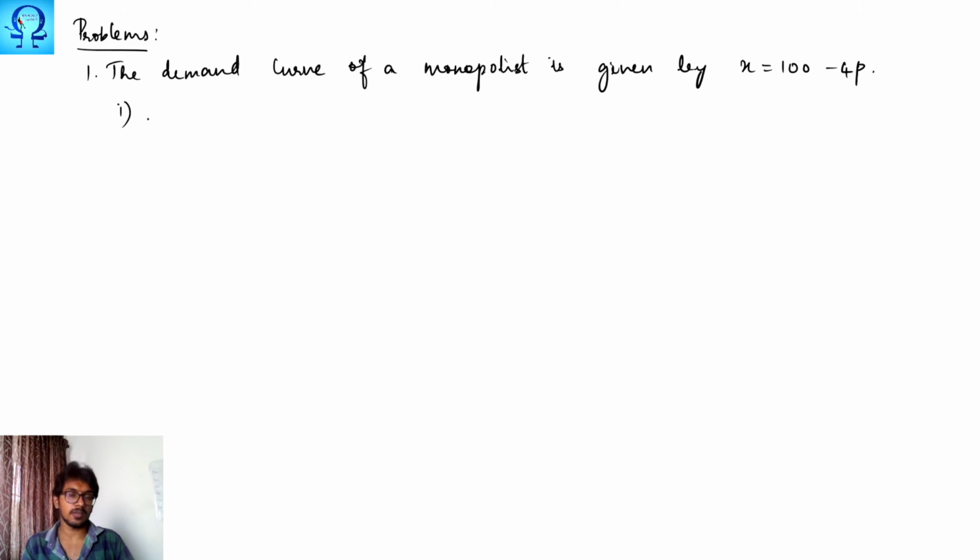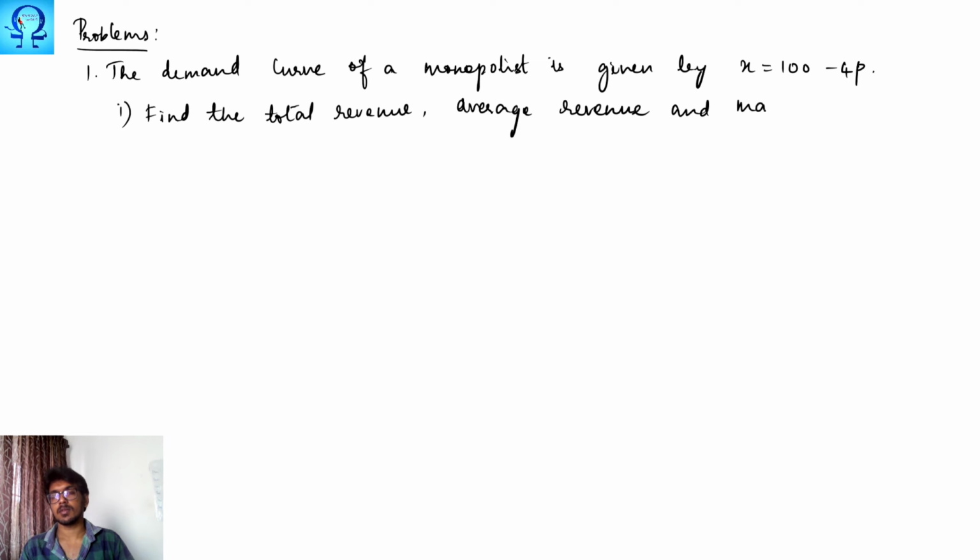This is the given information with which we have to find the total revenue, average revenue, and marginal revenue.